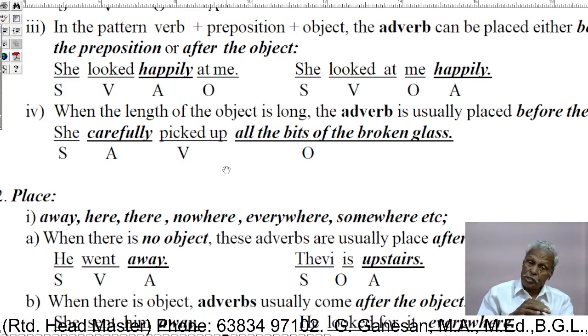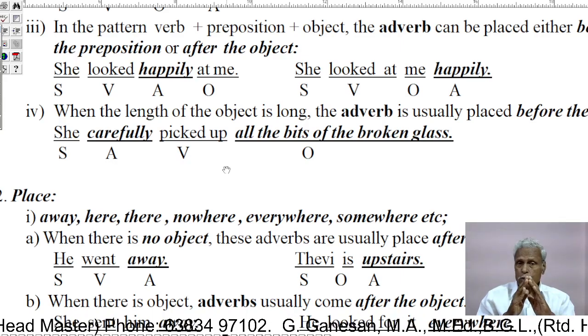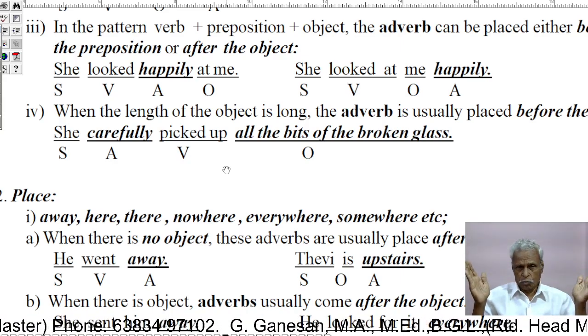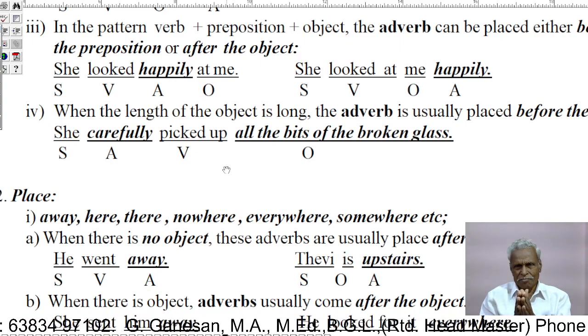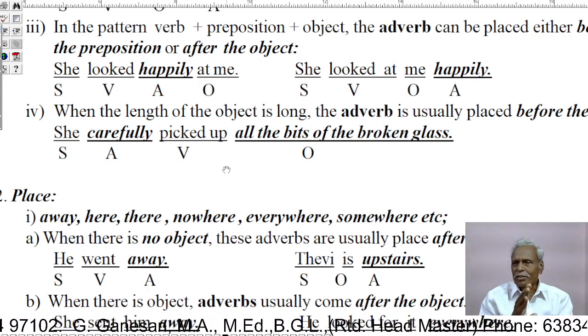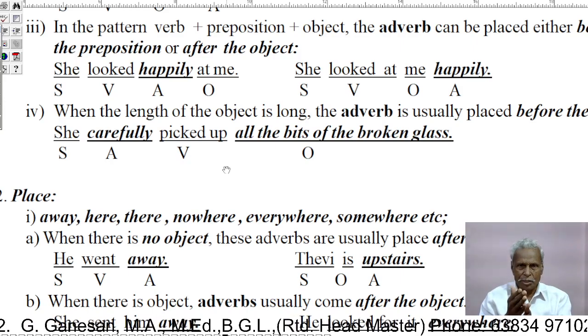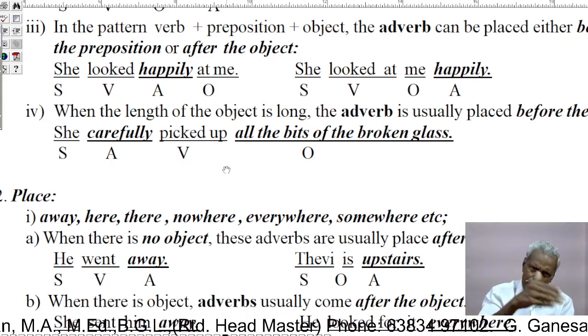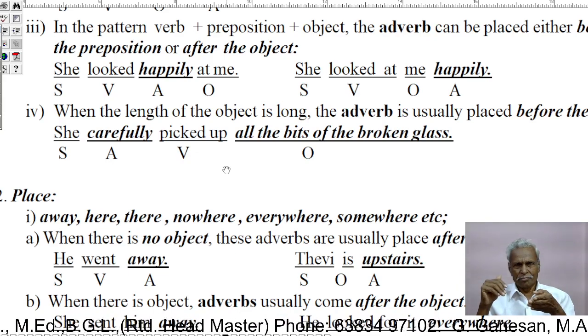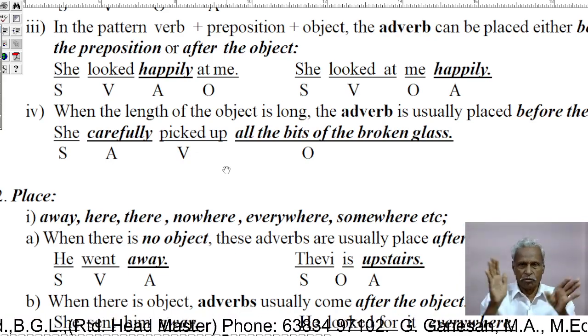But when the object is a long one, with more than two or three words, the adverb can be placed, not should be placed, can be placed before the verb.